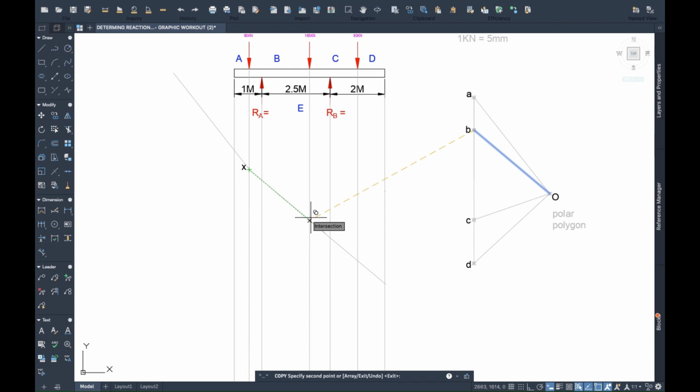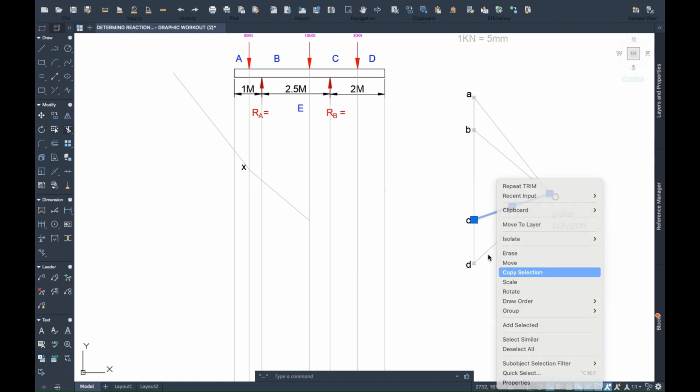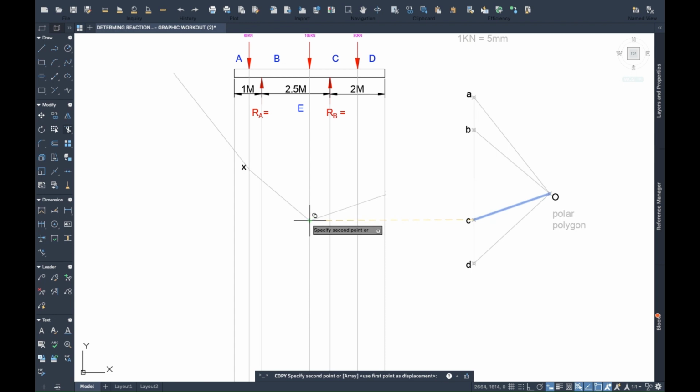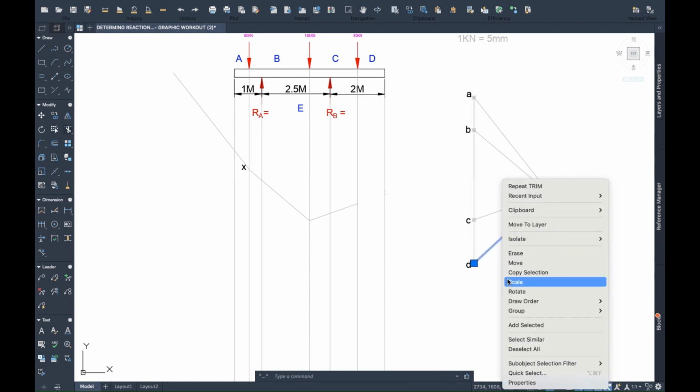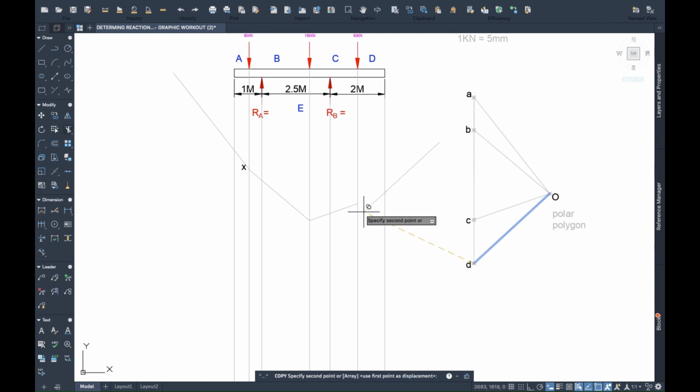Now what you realize is that BO comes and meets the downward force here, and we are then going to get CO, and CO will come and touch this force here. Then we have DO, and DO will be there.